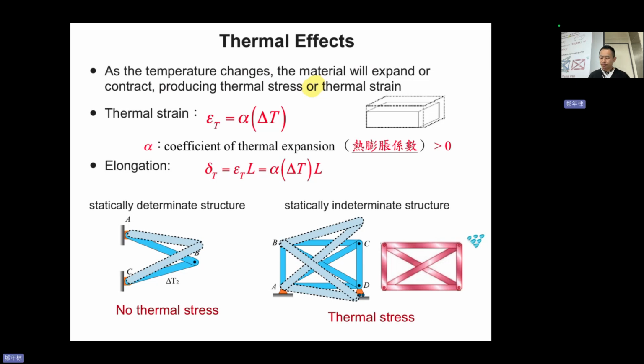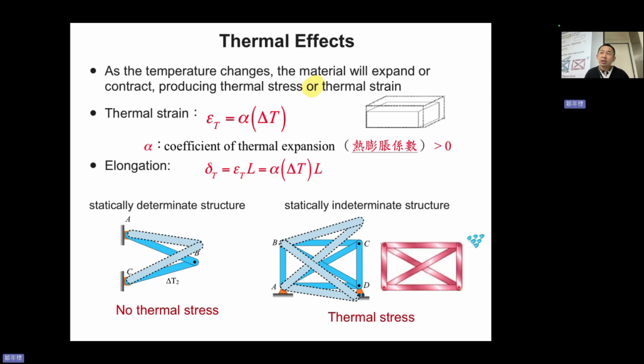Thermal strain means epsilon T, the strain due to the increasing or decreasing of temperature. And this is alpha times delta T. I believe you understand this. Alpha is the coefficient of thermal expansion. Sometimes we call it CTE. Typically greater than 0, of course.